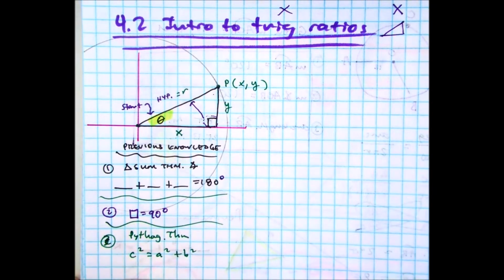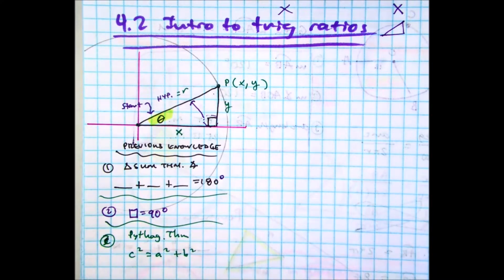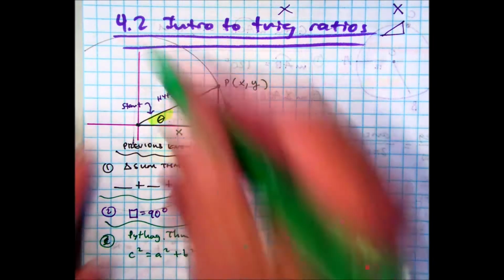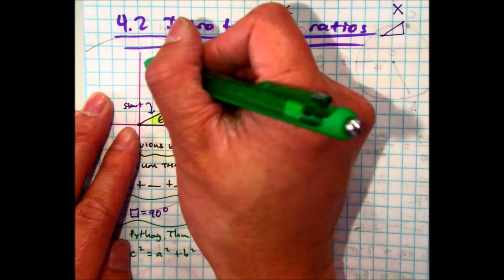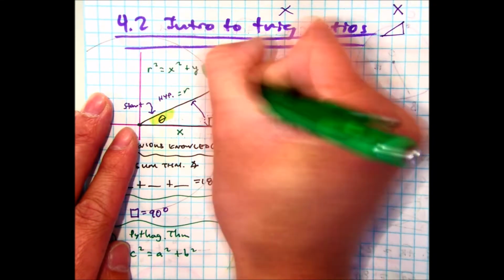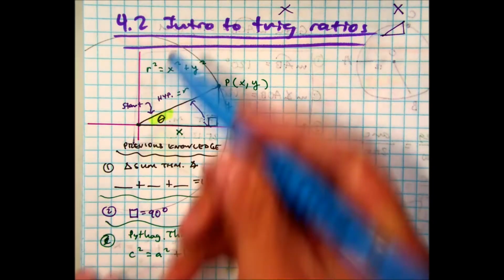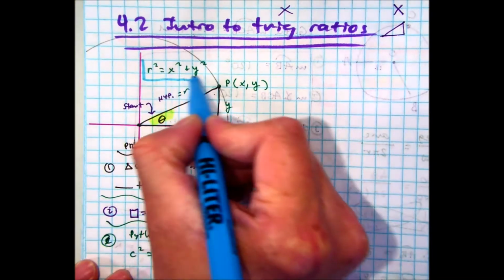Write it like I do. I'm going to change the letters on here. You're in a pre-calculus class, a higher level math class, so I have to make it more complicated, right? So we're going to call this now r squared equals x squared plus y squared. Our Pythagorean theorem now, the letters have changed.